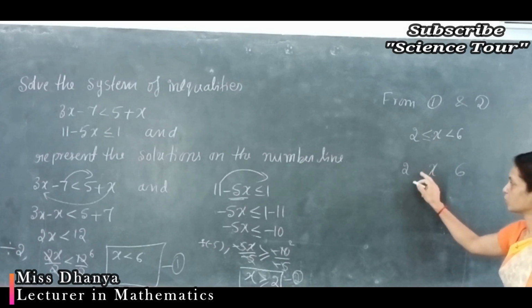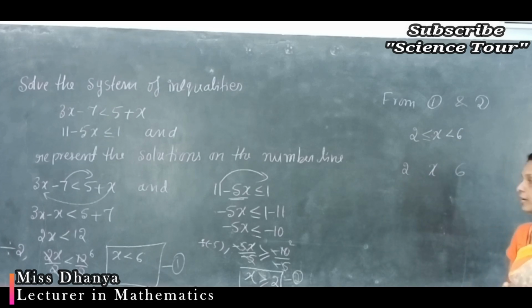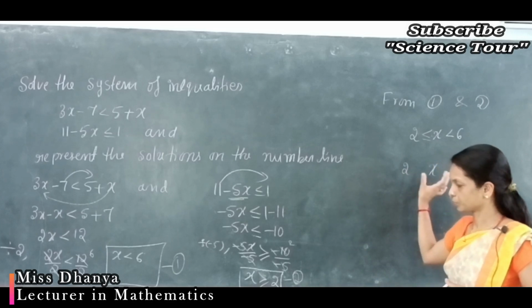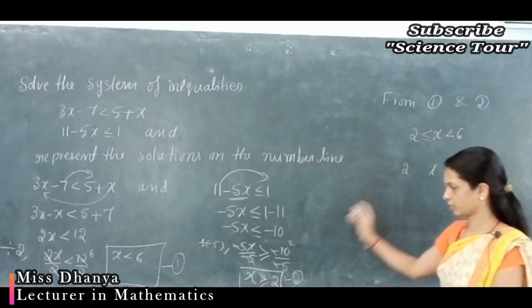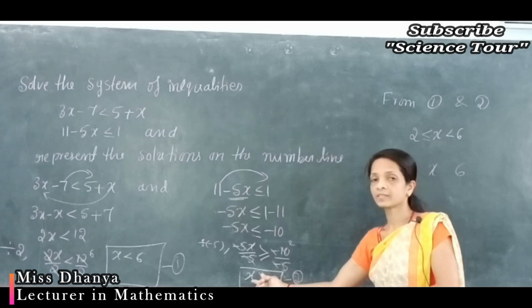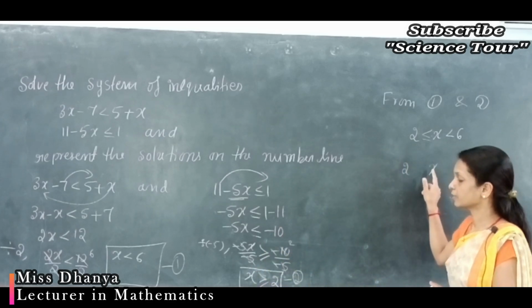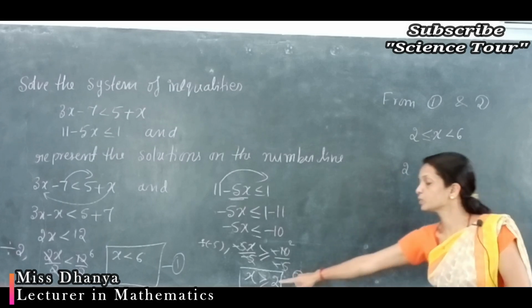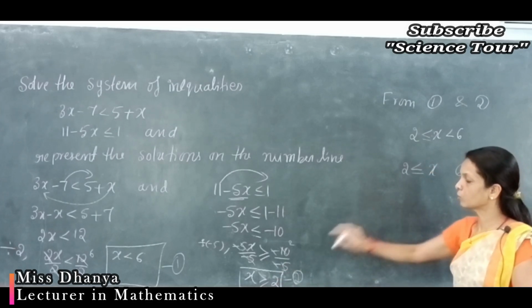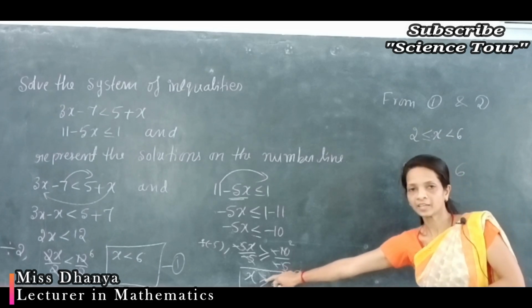After that you have to write which symbol, for that you have to observe those inequalities. Okay, x and 2, in between that what you have is greater than or equal to, but x side is which side of the symbol? Greater side of the symbol, and 2 side you have the lesser side of the symbol. So a slack inequality you have to use. Here you have a slack inequality, right?